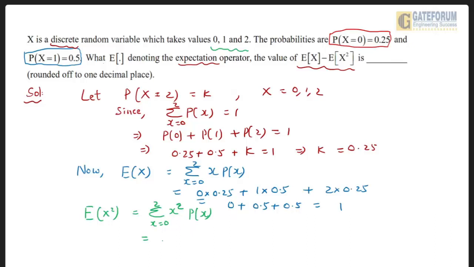This is 0 square into P of 0, 0.25, plus 1 square into P of 1, which is 0.5, plus 2 square into P of 2, which is 0.25. So this is 0.5. 2 square value is 4 into 0.25 is 1. So 1.5.